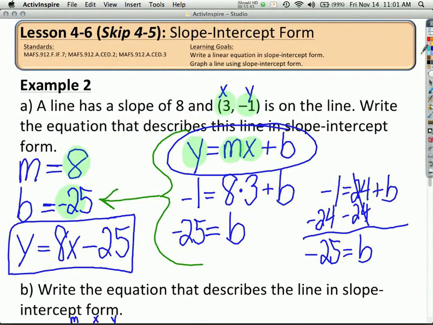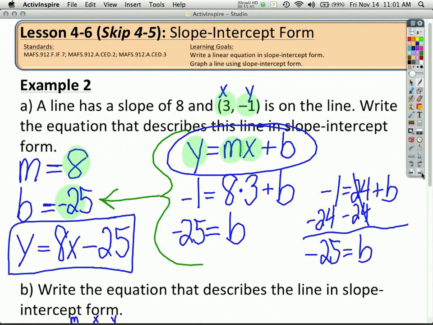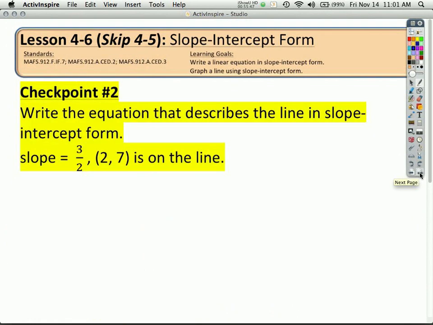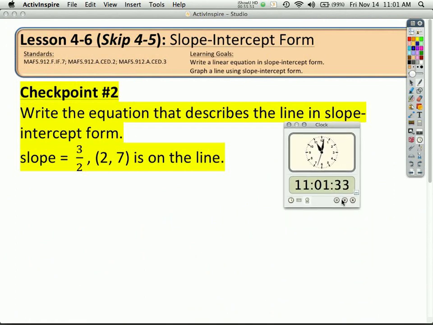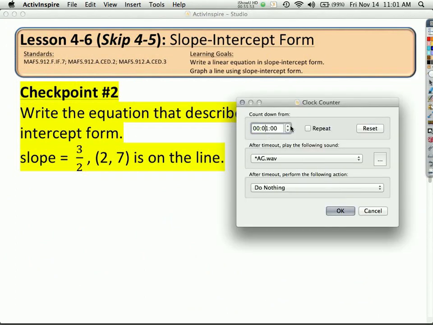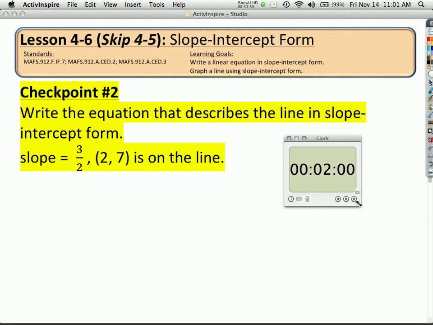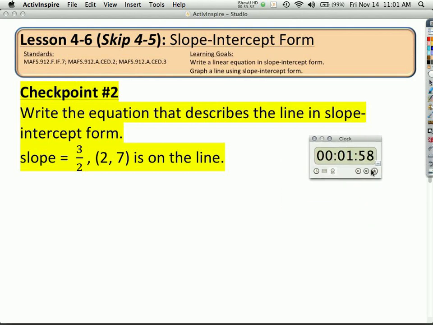Any questions? All right, let's see how you do on your own. Gave you a slightly harder one, just a tiny bit harder. Got 2 minutes to prove that you have understood what we did.